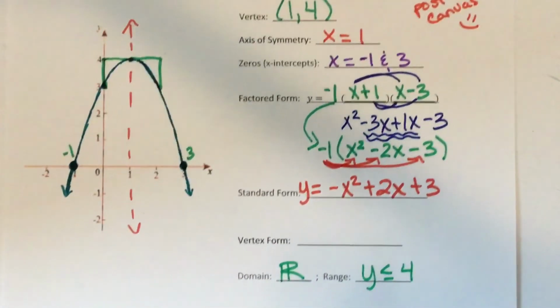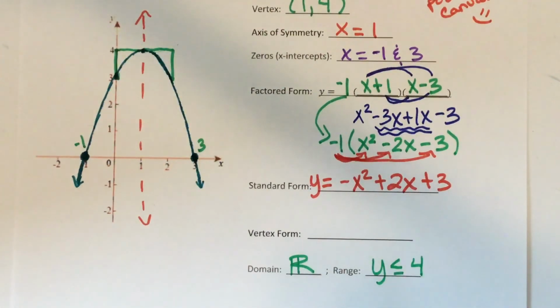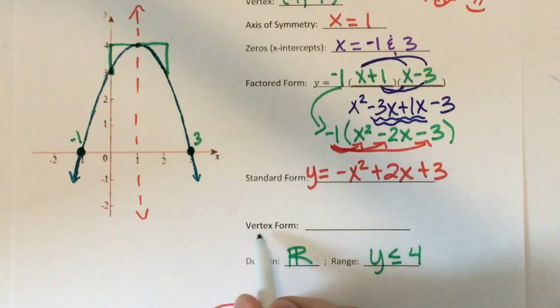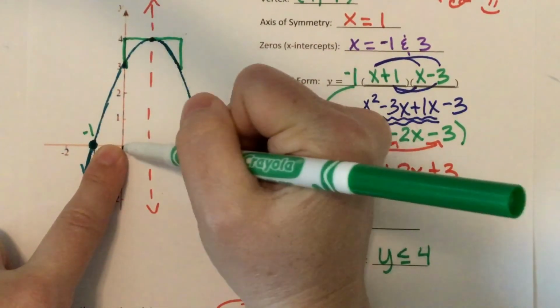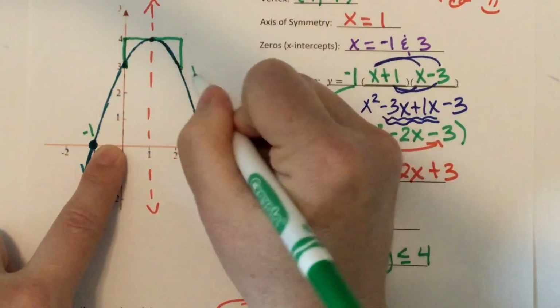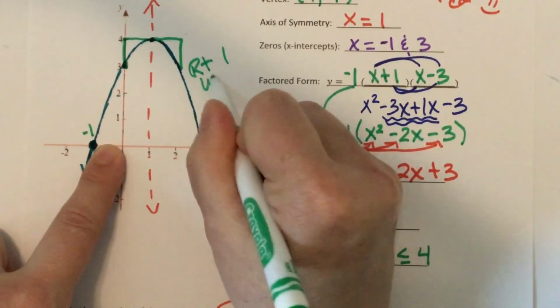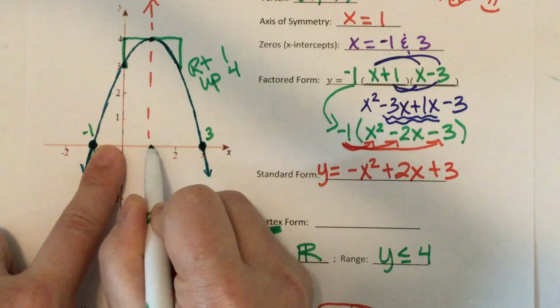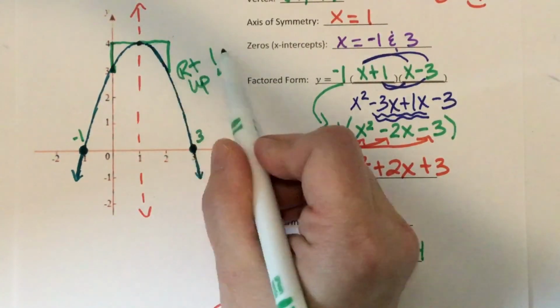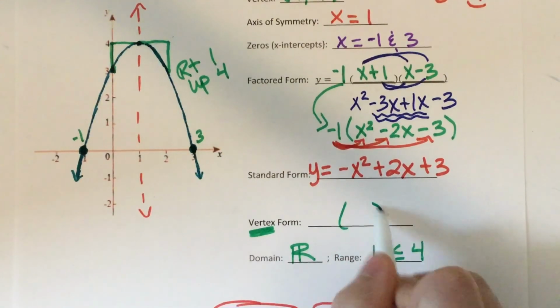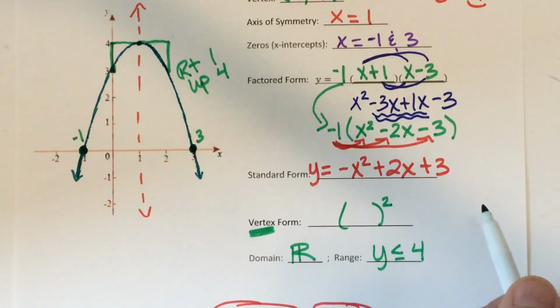Okay, vertex form. Remember, this has to do with how your vertex got to its location. So my vertex got here from 0, 0 by going right 1 and up 4. So right 1 and up 4. That's what the vertex did. Right 1, up 4. So remember, to make something go left or right, you need parentheses. So I need parentheses with the squared on the outside.